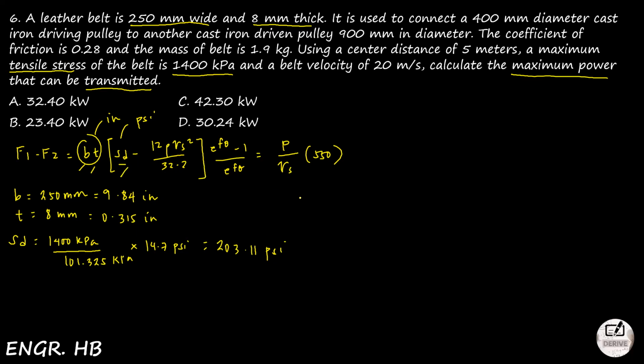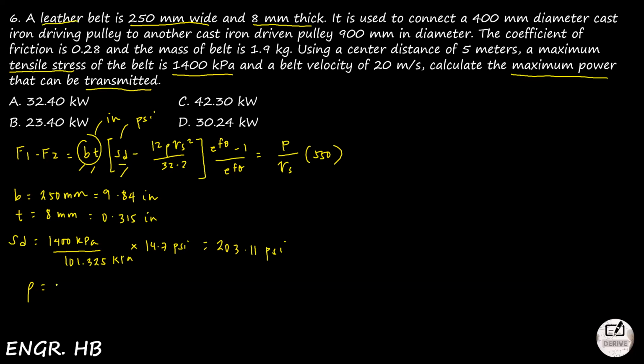So that's checked. And we should get the density and the velocity in feet per second. For density, there is no given, but it says leather belt.